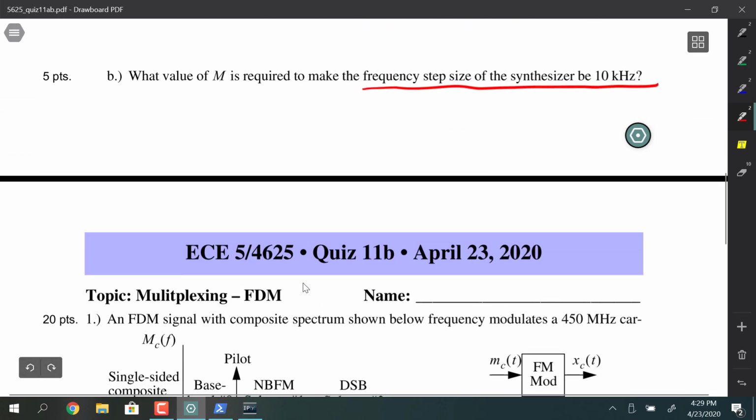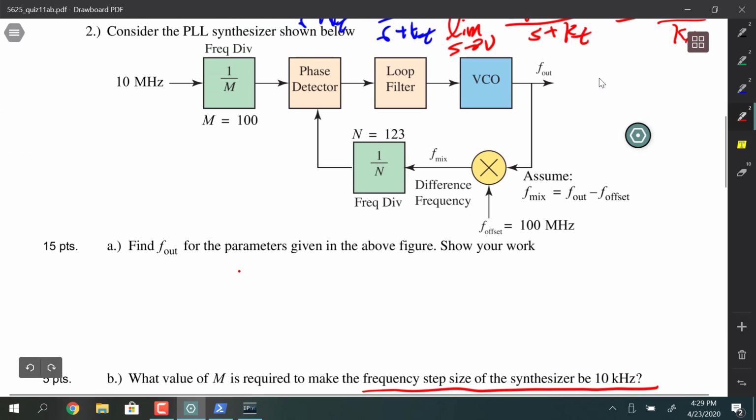I'd be looking at a step size of 10 kilohertz. Well, remember when we're working with phase lock loop synthesizers, the frequency that goes into the phase detector from the reference oscillator is the step size. It's the smallest frequency step that the synthesizer takes.